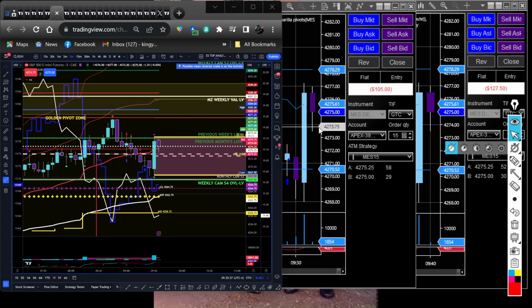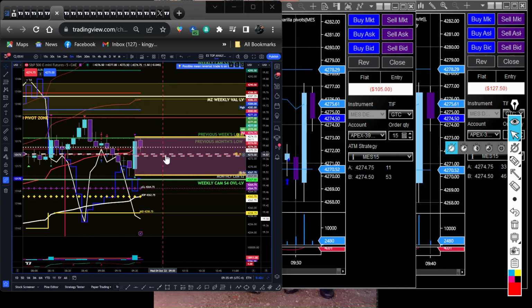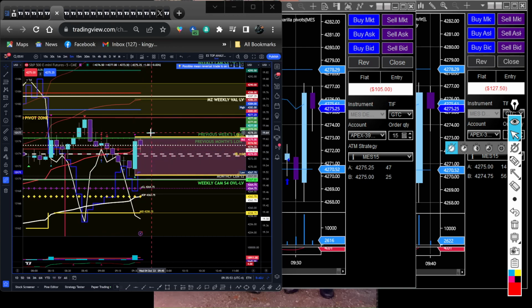We just got that bounce off of that right there, well, it's at 42.73.25. So this is the developing POC right there. That's this dashed white line. So price is bouncing off of that right now, probably heading up to the golden pivot zone, hopefully.